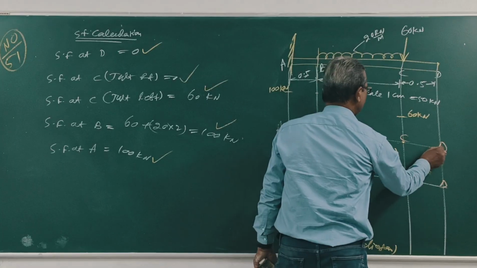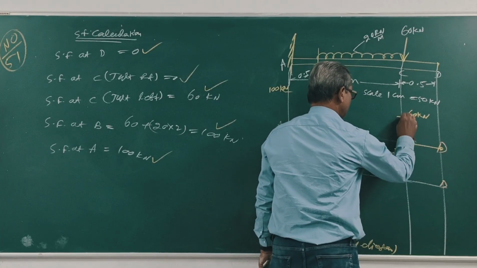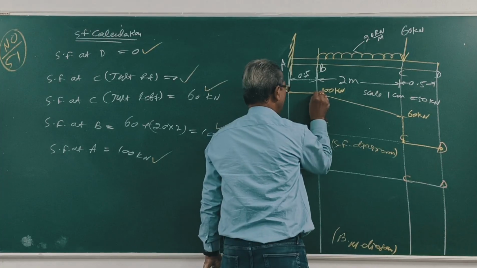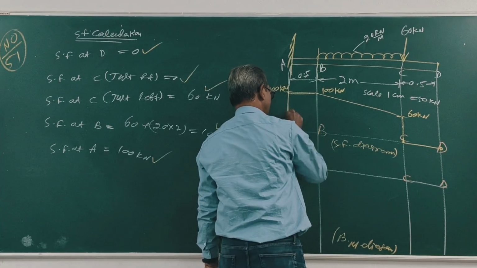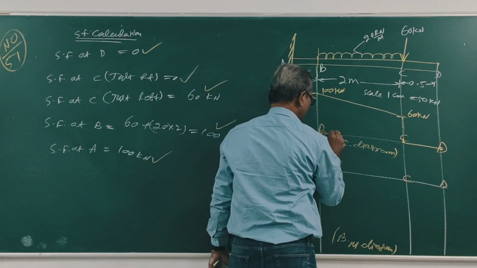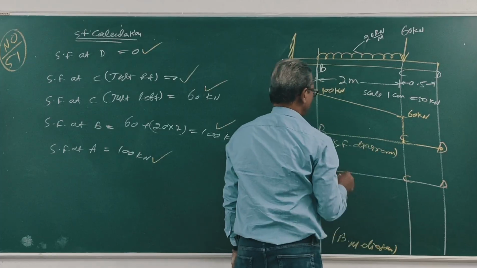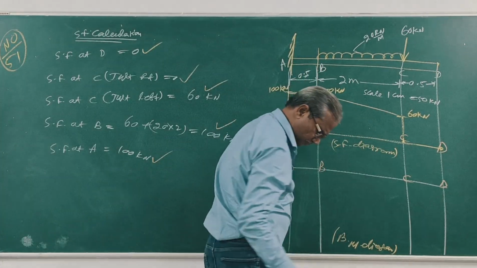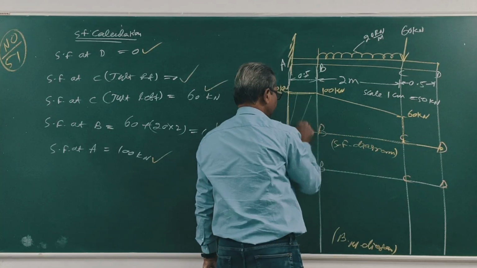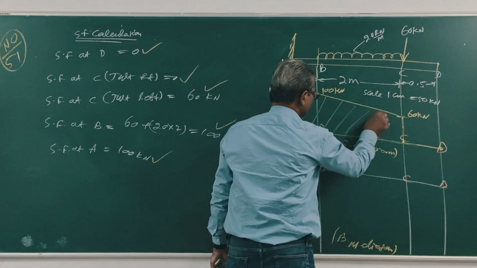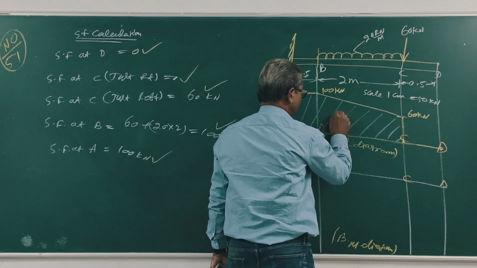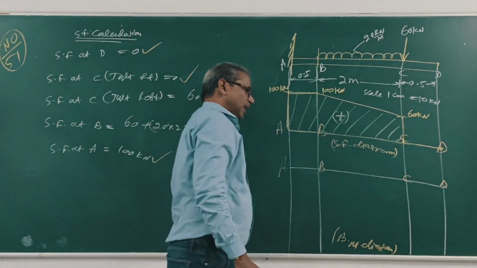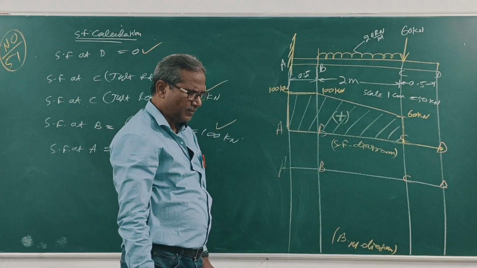D to C, right? All are positive, so the diagram is above the baseline. Clear?